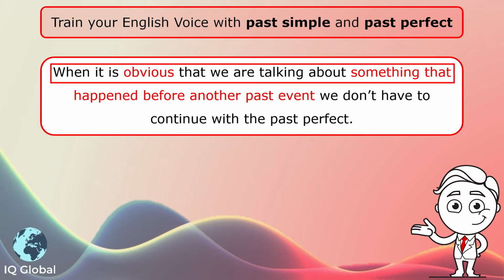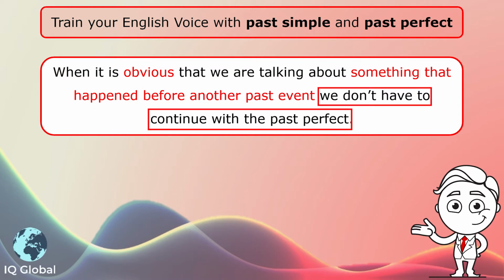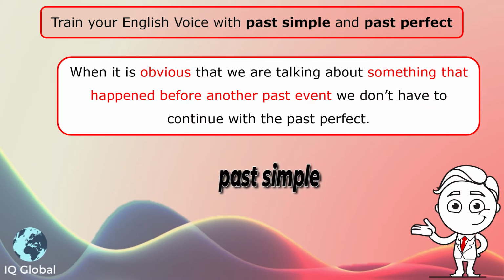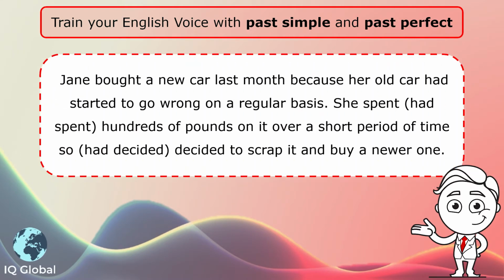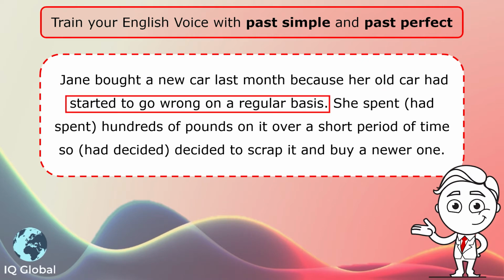When it's obvious that we're talking about something that happened before another past event, we don't have to continue with the past perfect. We can use the past simple. So, Jane bought a new car last month because her old car had started to go wrong on a regular basis.